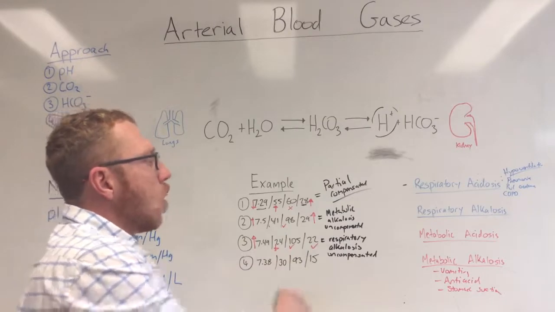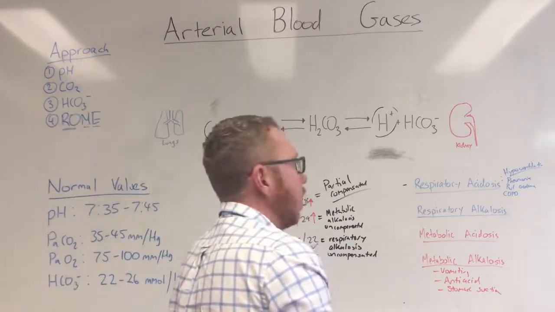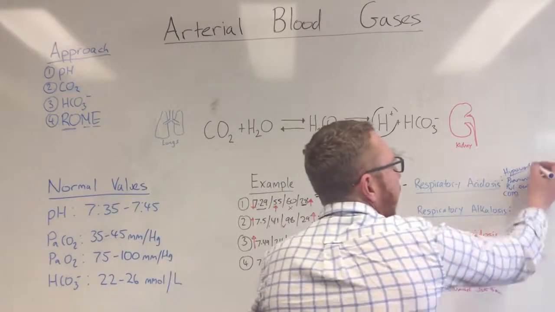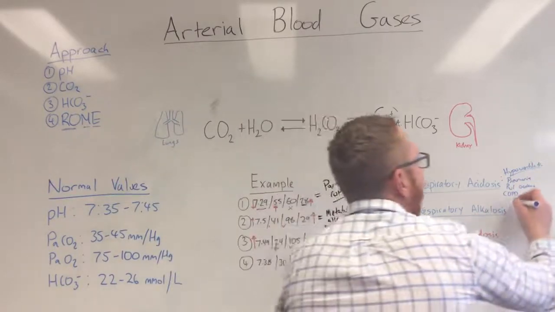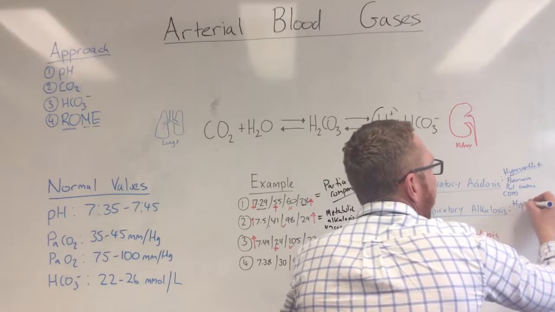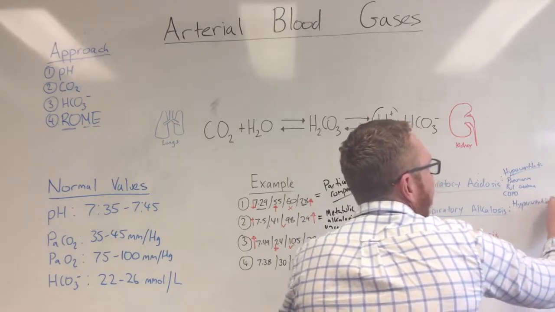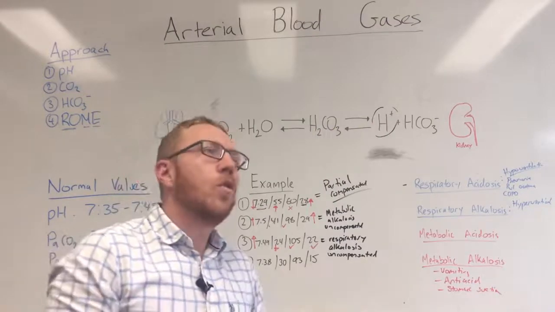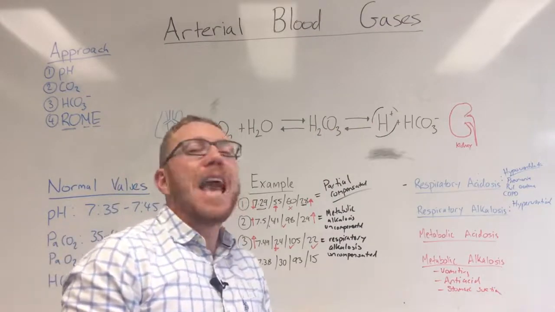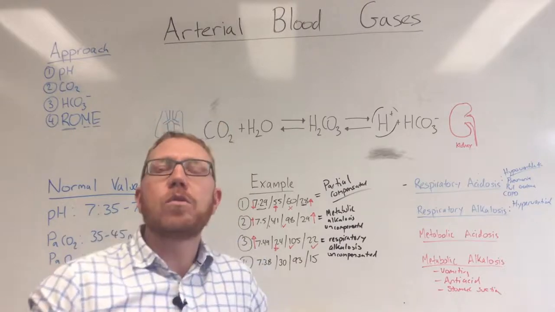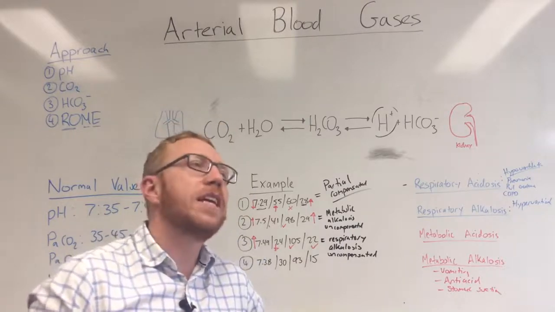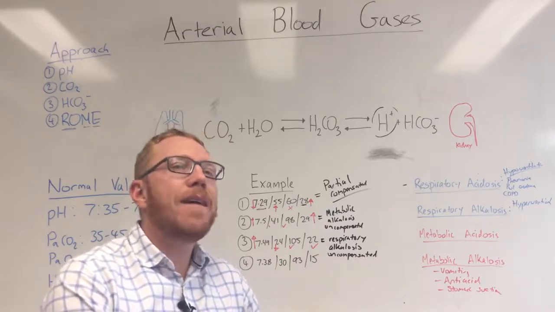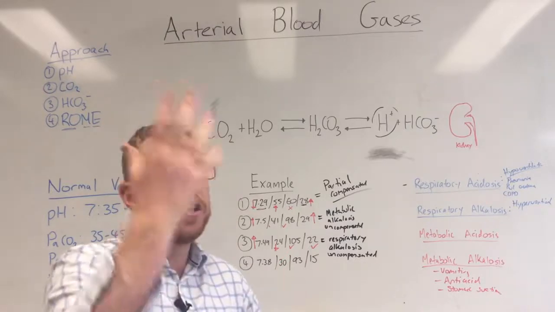So, what would cause a respiratory alkalosis? Well, it's basically the opposite of the respiratory acidosis. So it would be not hypoventilation, but hyperventilation. So what would cause your patients to hyperventilate? Well, they could be in pain, or they could be anxious, having a panic attack. That would cause too much to get released. Another thing would be if you go to altitude, you have less oxygen. Partial pressure of oxygen in the atmosphere is less.